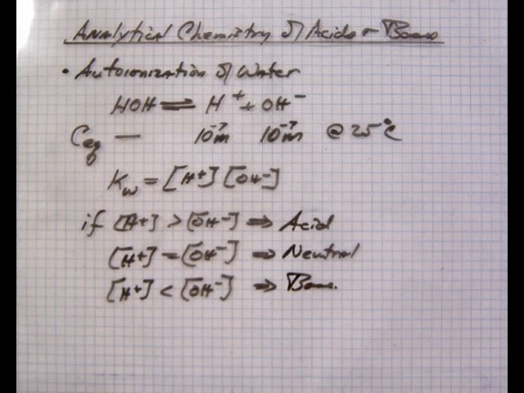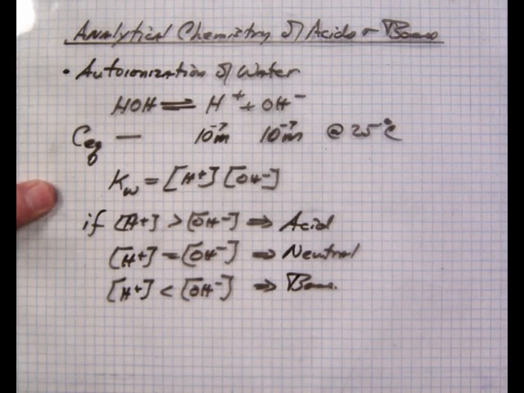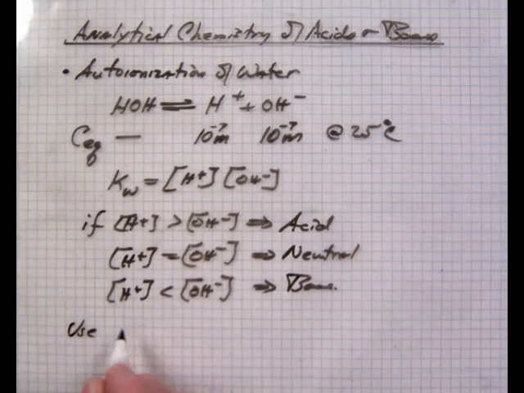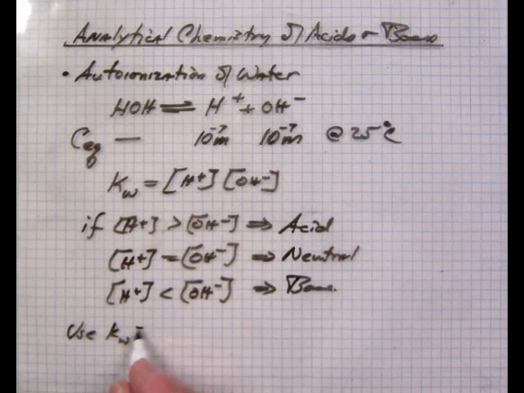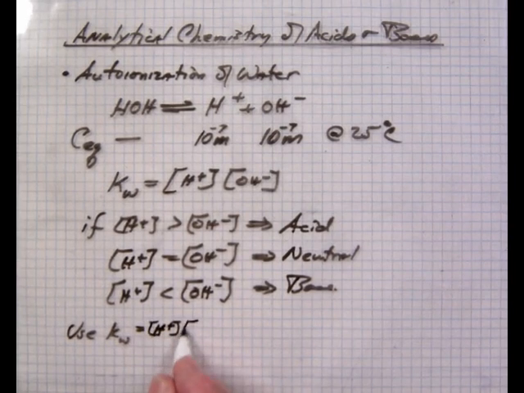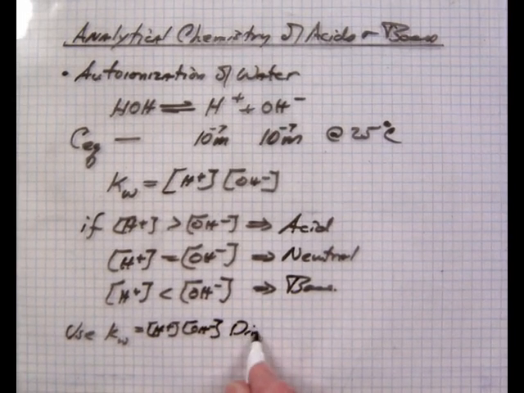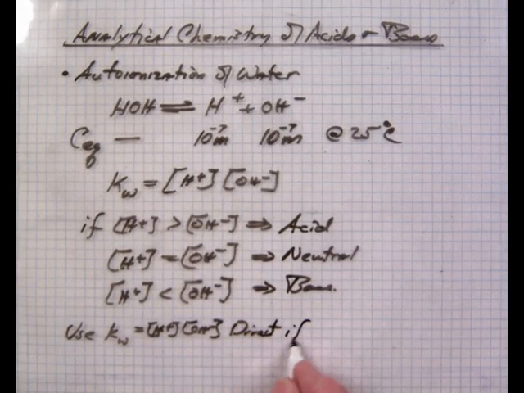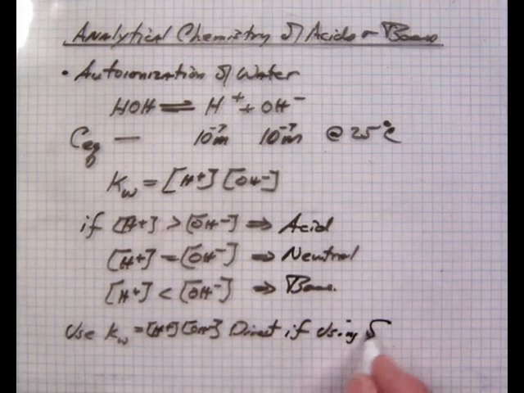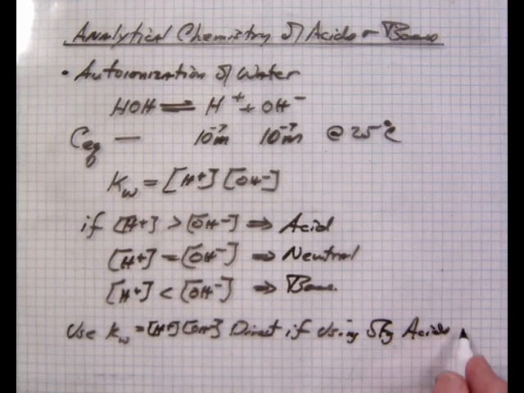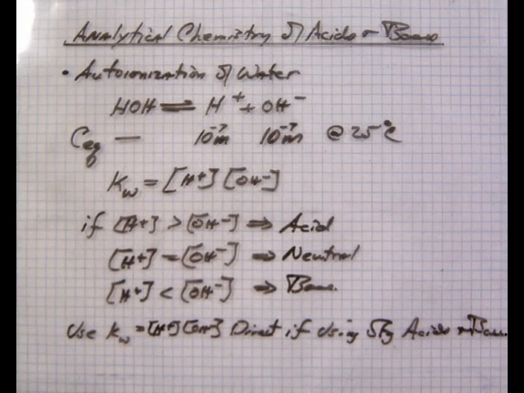Okay. Now, in the application of this, you can use Kw directly if you are working with strong acids and strong bases. So for 0.1 molar HCl, for example, you can figure what the hydroxide concentration is by plugging in the 0.1 for acid, because it's going to ionize 100%.